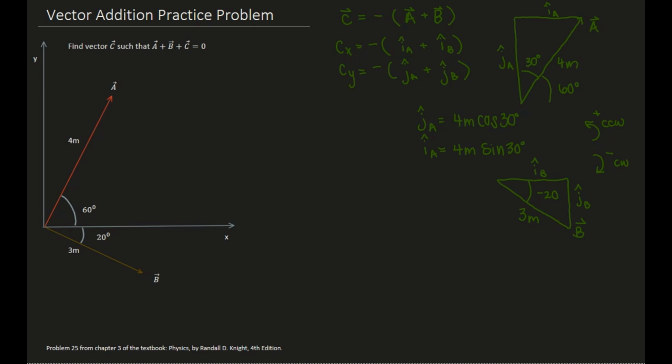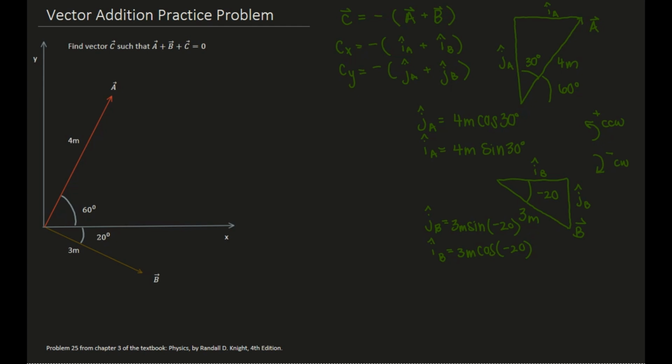So the j hat component of vector B, in this case, is now the opposite side of the angle, so it's 3 meters times the sine of negative 20, and the i hat component of vector B is now the adjacent side, so it's 3 meters times the cosine of negative 20. And all I do now is just add them together.